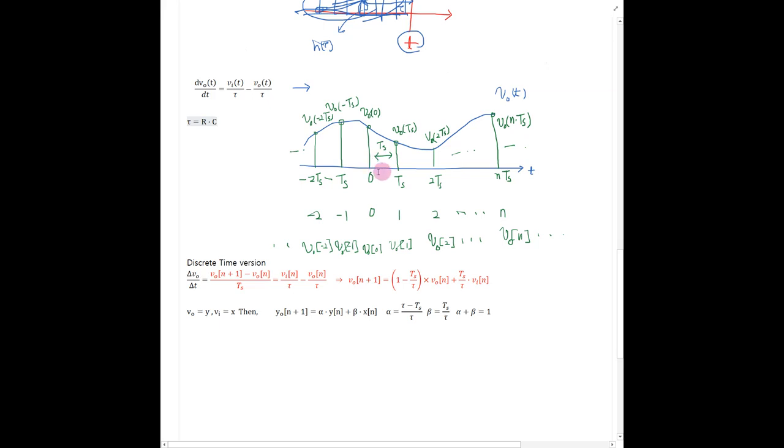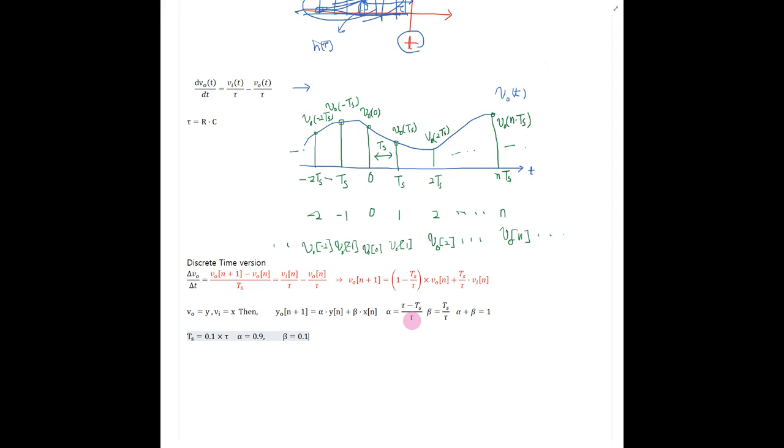We can choose any time step, but I just take the TS time step as 10% of tau. If I choose this, then alpha will be 0.9 and beta will be 0.1.